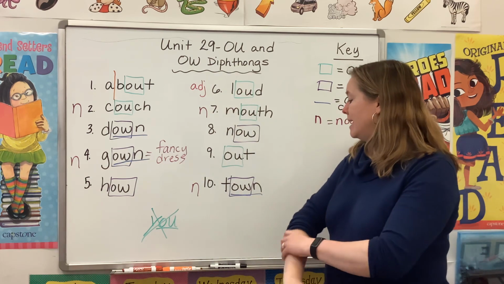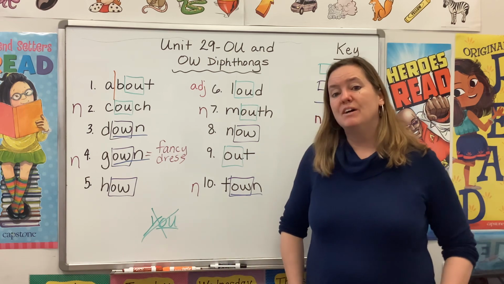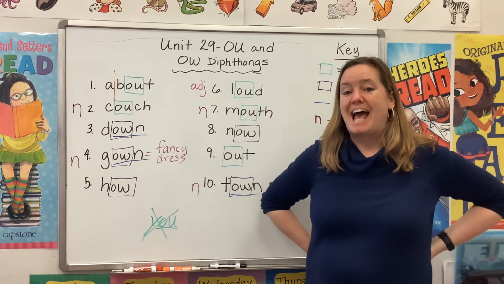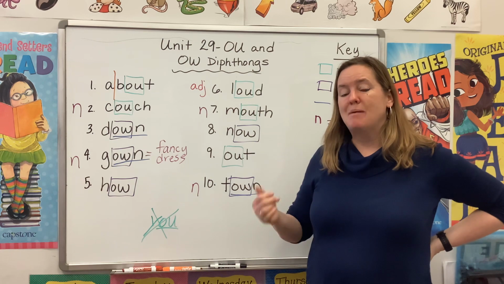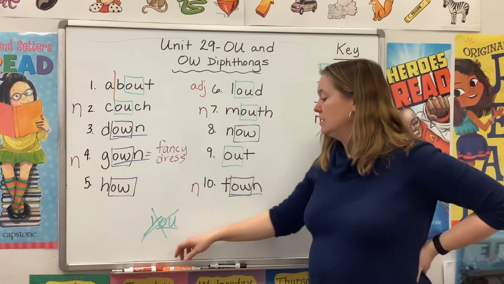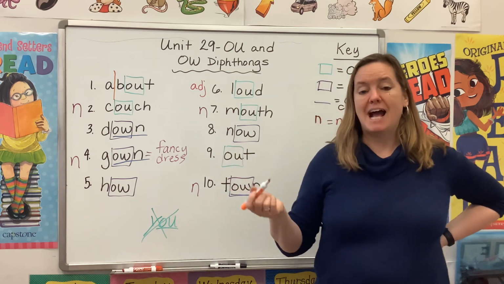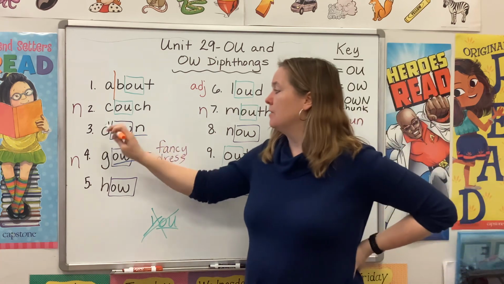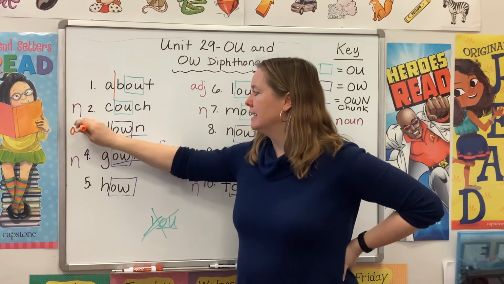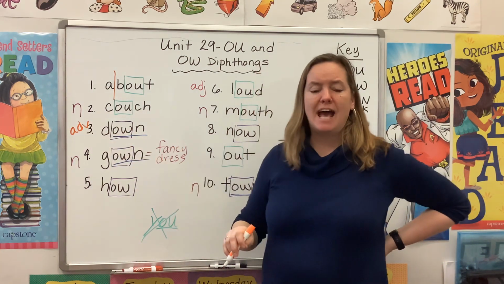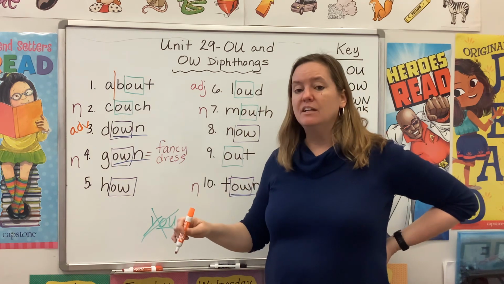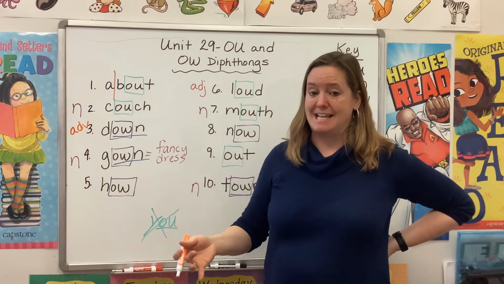Okay, now we also have what's called an adverb. An adverb adds a little bit of detail to a verb, an action word. So for instance, the word down can be used as an adverb. I can slide or I can slide down.